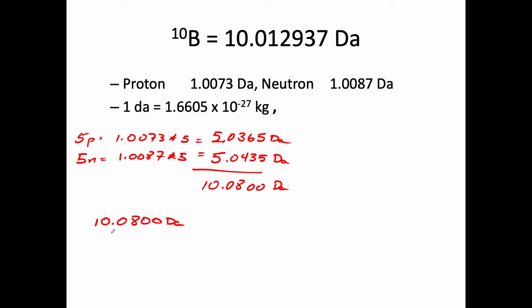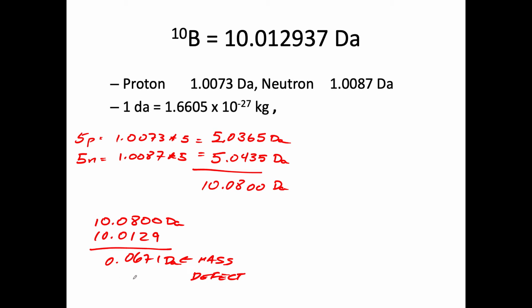The actual mass is up here, 10.012937, and let's just round that to 10.0129, and subtract that from the 10.08. And I'm going to get 0.0671 Daltons. And this is called the mass defect.